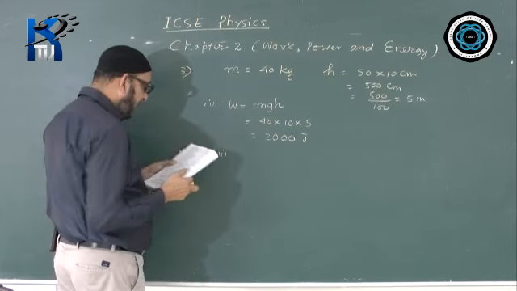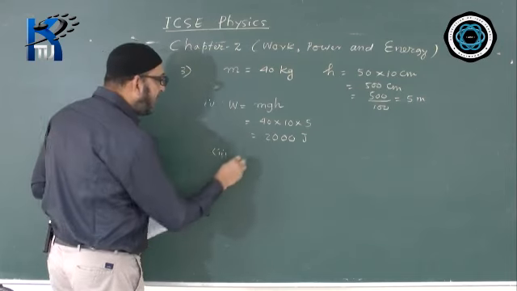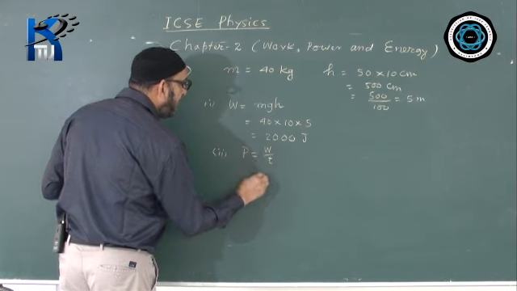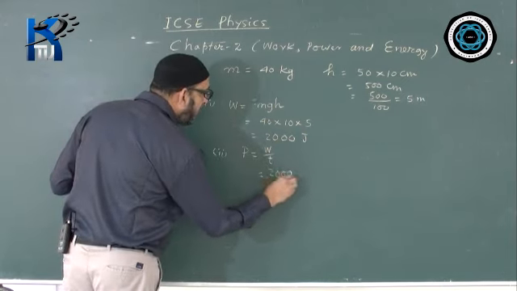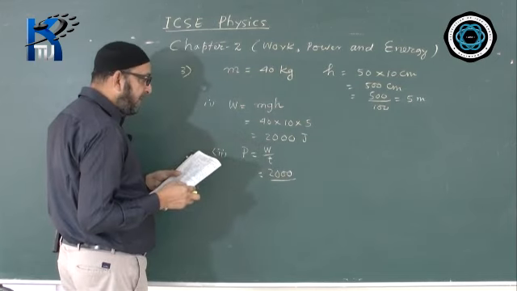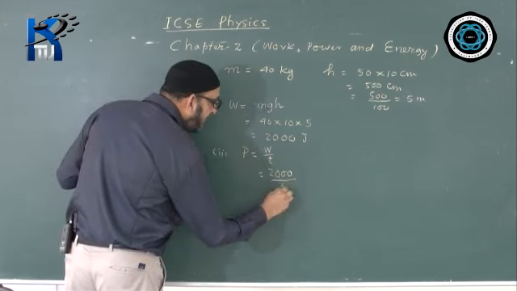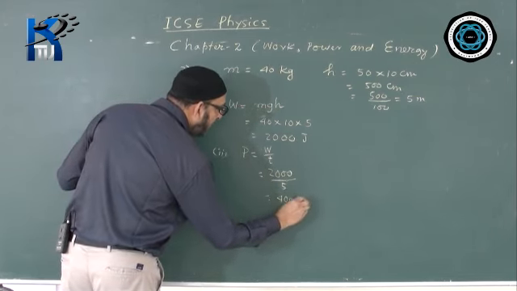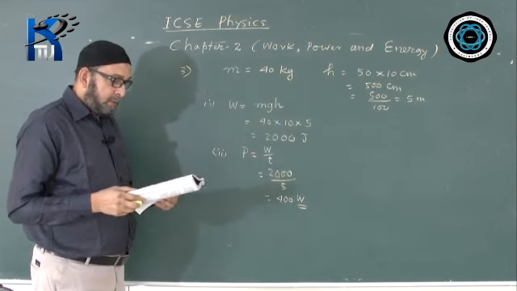Now to do the second part, it says find the power developed. The formula of power is work by time. Work we calculated 2000 and the time is given 5 seconds, because the boy is climbing these steps in 5 seconds. So divide by 5. So the answer is coming 400 watts. So this problem is also solved.